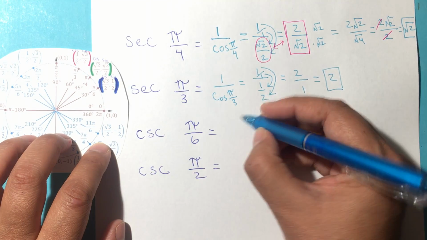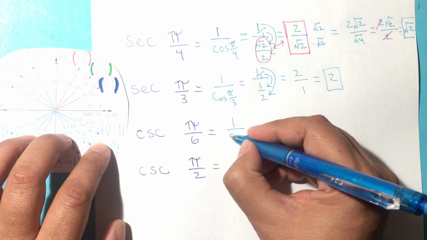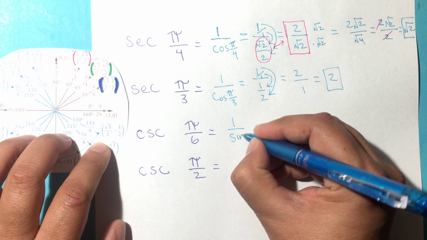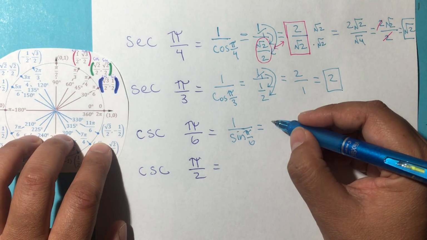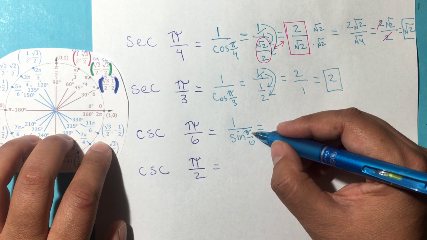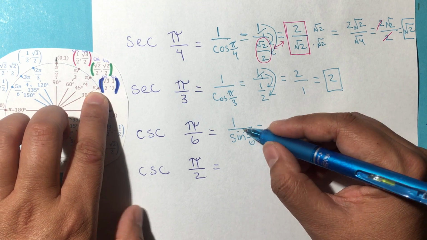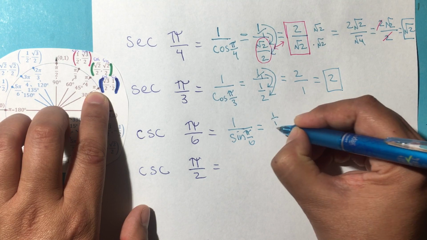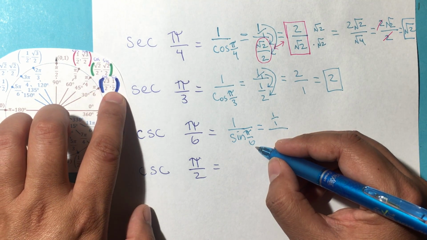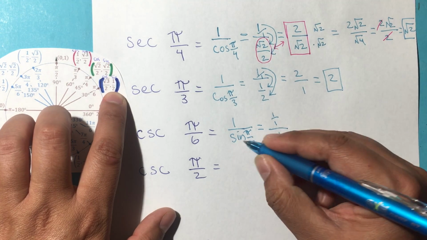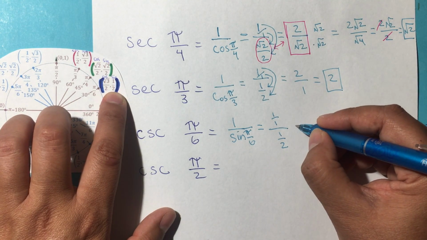And so the cosecant doesn't have a co in here, it's just 1 over sine of that same angle. Okay, and so the sine of pi over 6 is right here. We're going to put 1 as 1 over 1. Sine of pi over 6 is 1/2. Remember that the sine is the second value.